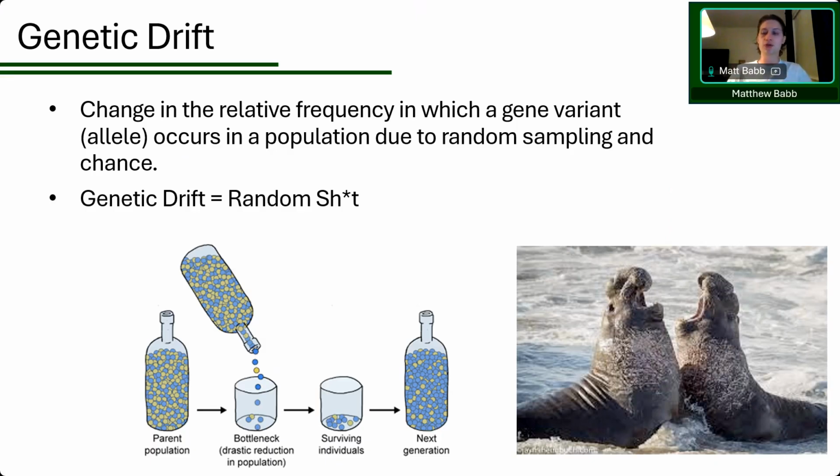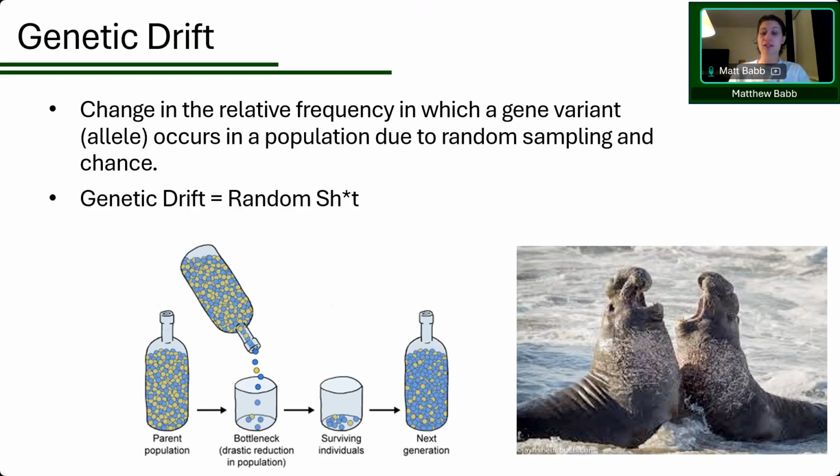For example, the northern elephant seal has experienced reduced genetic variation because of a population bottleneck inflicted by humans in the 1890s. Hunting of the northern elephant seal reduced their population size to as little as 20 individuals by the end of the 19th century.